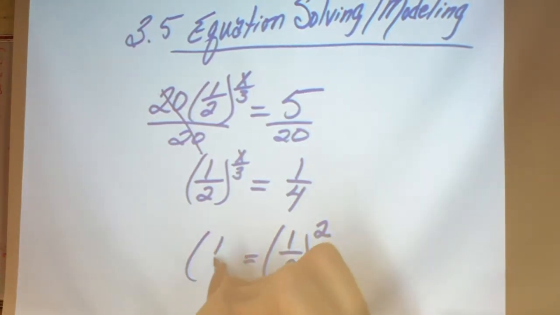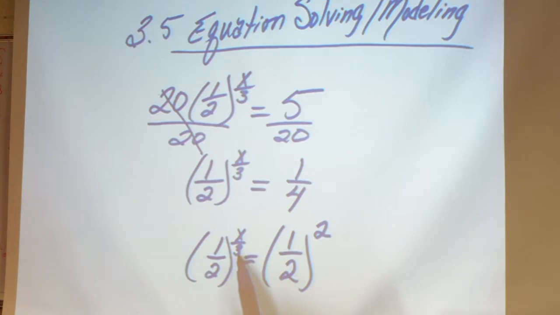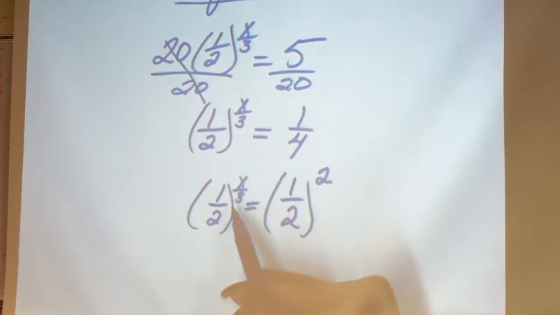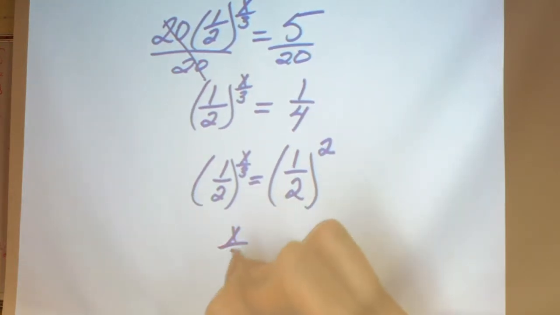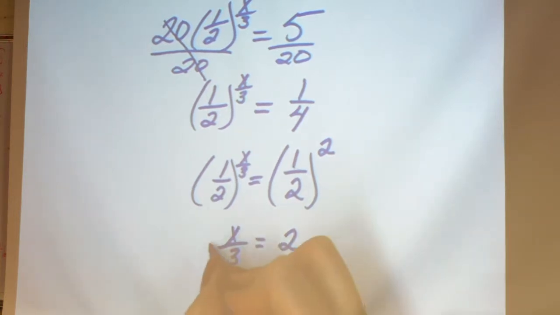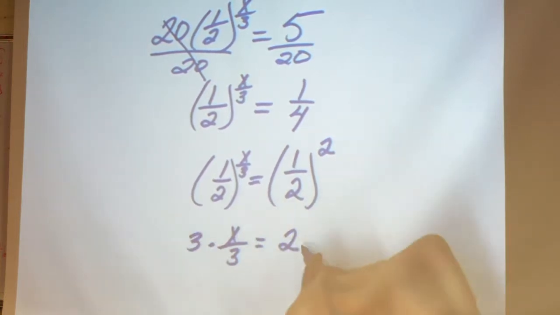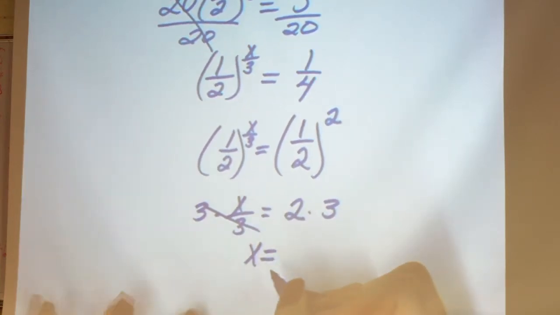Because once they have the same bases, then I can say, if 1/2 raised to the x over 3 is equal to 1/2 to the second power, therefore x over 3 must be equal to 2. And then we can multiply by 3 both sides and find out that x is equal to 6.